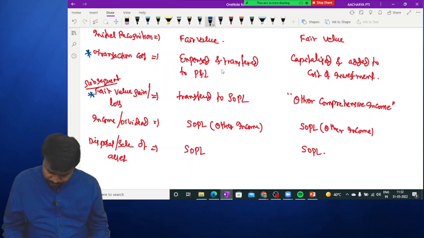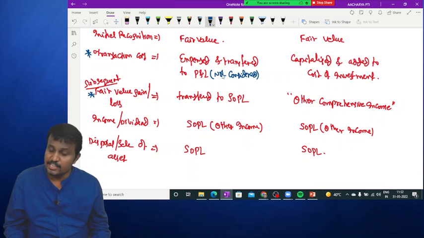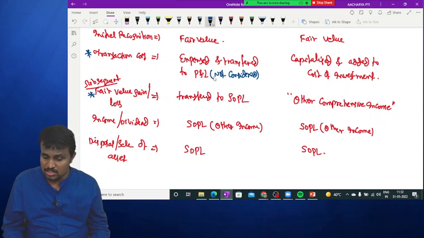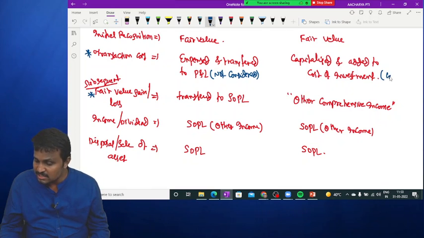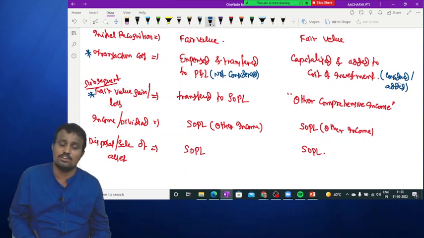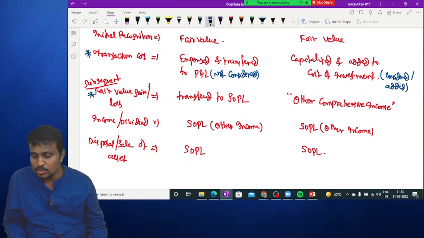Transaction cost is not considered in the initial cost of the investment in case of fair value through profit and loss, but here it is considered and added to the cost of that investment.